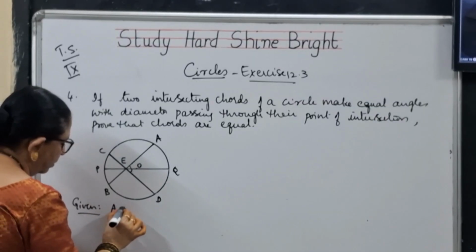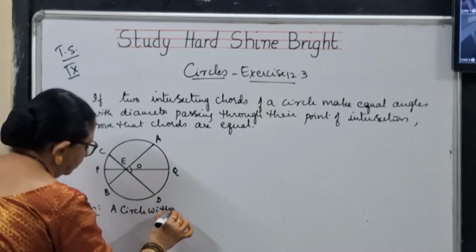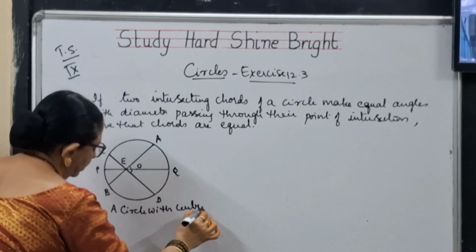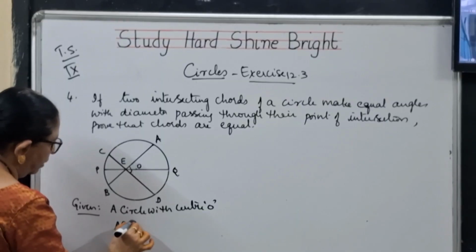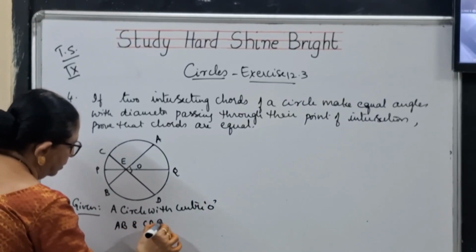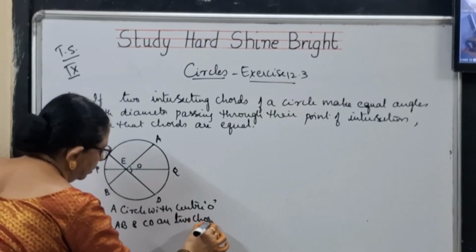We have got a circle with center O. AB and CD are two chords.